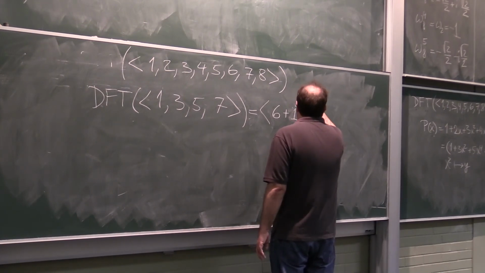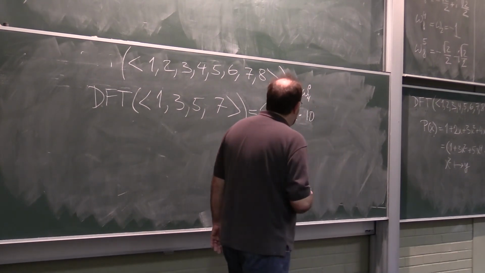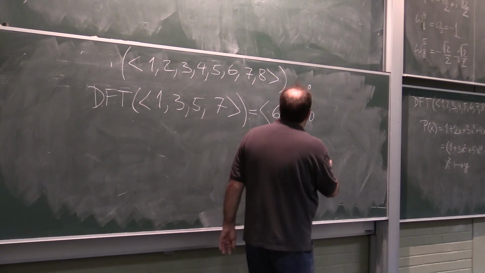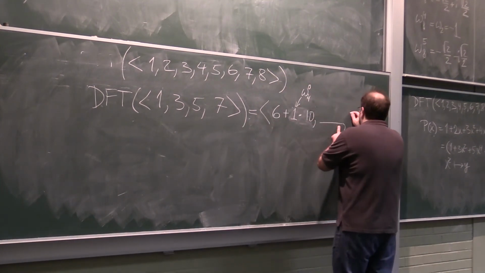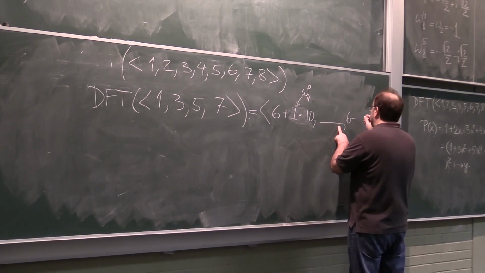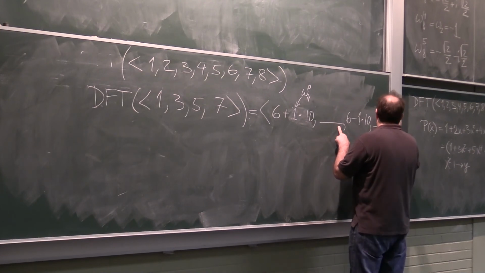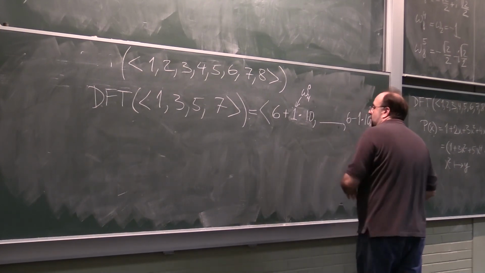because this is now omega 4 to the power 0, right? Then the next one will be 6 minus 1 times 10, and whatever we have here. Now we have to see what comes here.